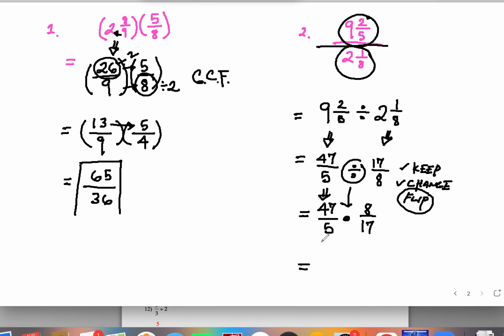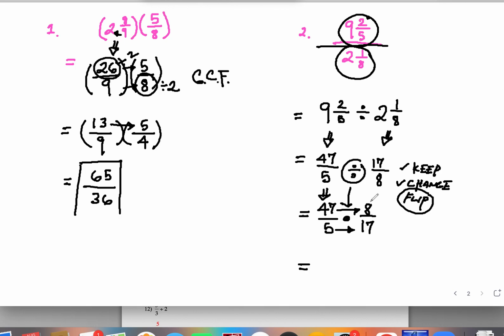And now, before you go across, you want to make sure that you can't cancel anything out. So 47, the only thing that goes into 47 is 1 and 47. So that's irrelevant because 1 doesn't matter, and 47 doesn't go into 17, and 47 doesn't go into 8. What goes into 8? 1, 2, 4, and 8.